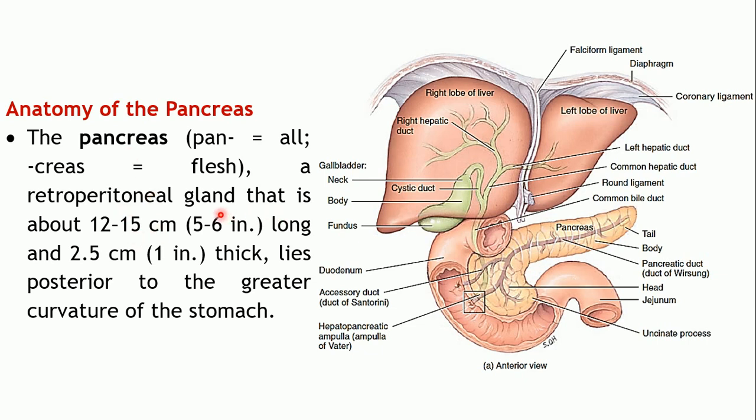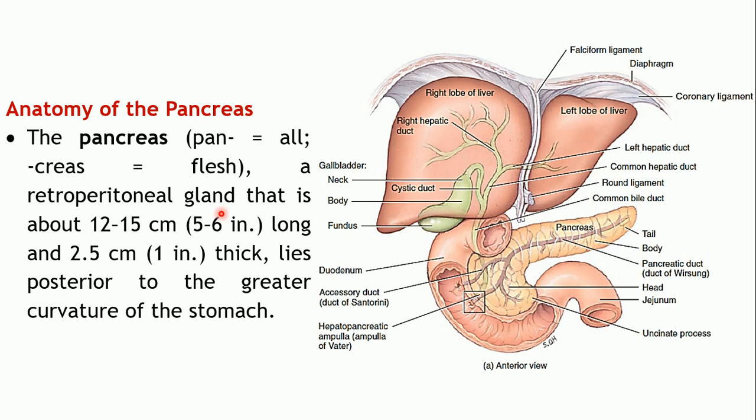It's actually both an endocrine as well as an exocrine gland, which will produce certain secretions. The endocrine part will secrete certain hormones directly into the bloodstream. Of course, the endocrine part of the pancreas we will be studying in detail under the endocrine system. In this particular chapter we will focus more on the exocrine part of the pancreas.